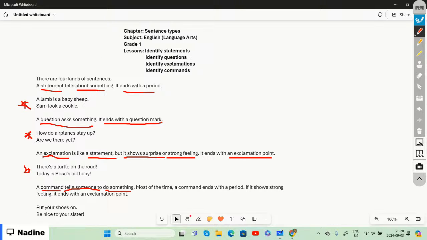And when it comes to a command that tells us to do something, most of the time a command ends with a period, right? It's basically just someone telling you to do something.